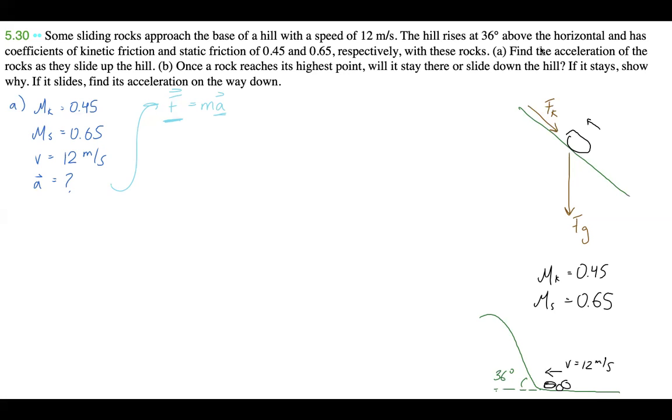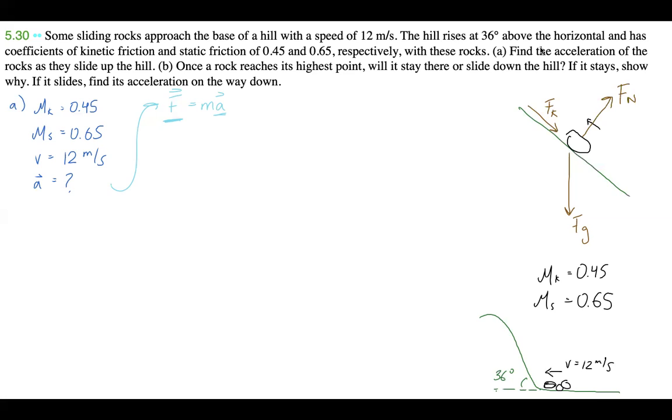So what does that mean? That means that normal force is going to be this way, because this is the surface that the rock is touching. So normal force is the opposite direction. We're going to call that Fn, normal force.